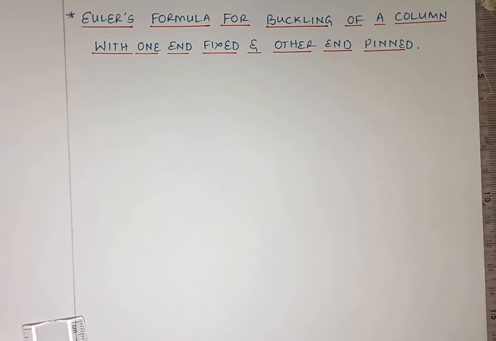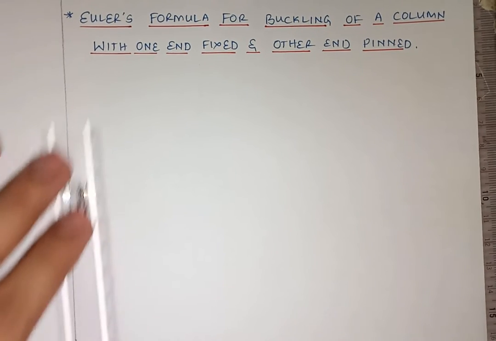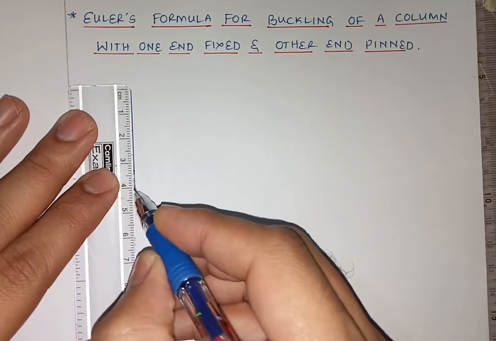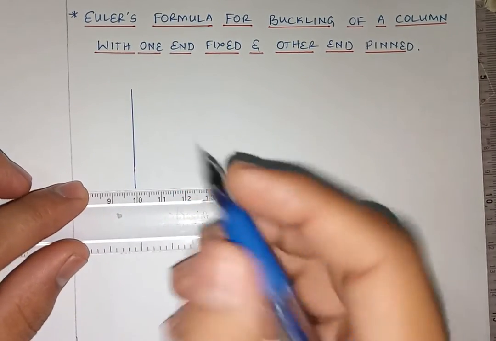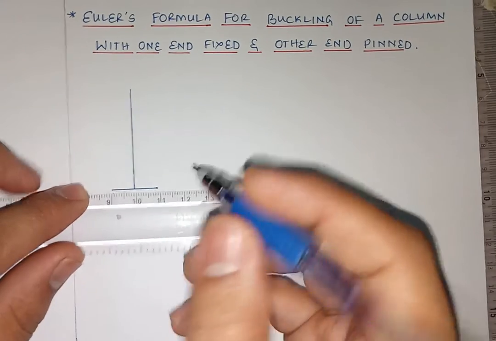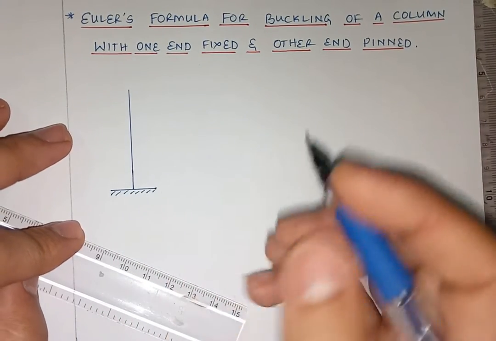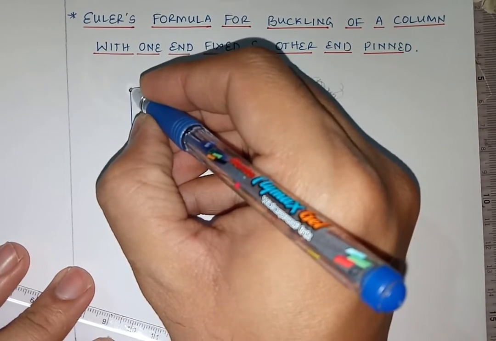First I need to consider a column such that one end is fixed and the other end is pinned. So if I consider this as the column, let us say this end is fixed, so I'll give the fixed support. I'll place a rigid plate over here and the other end is pinned.